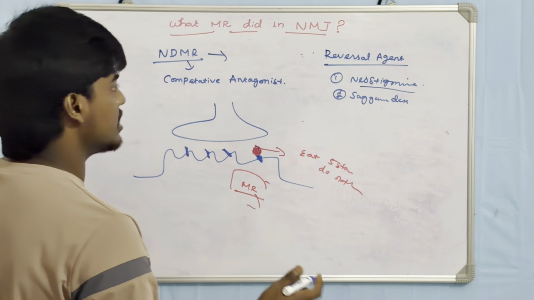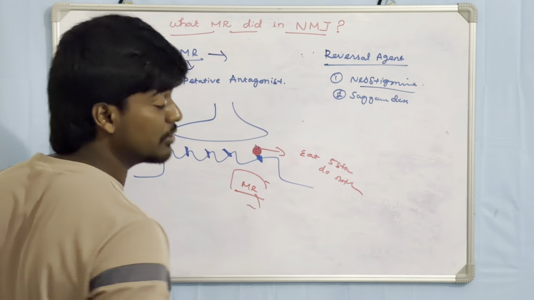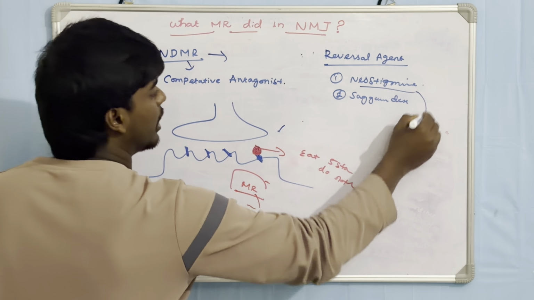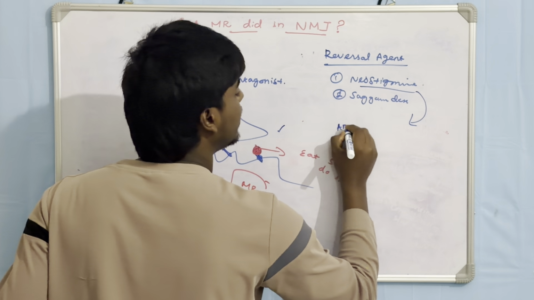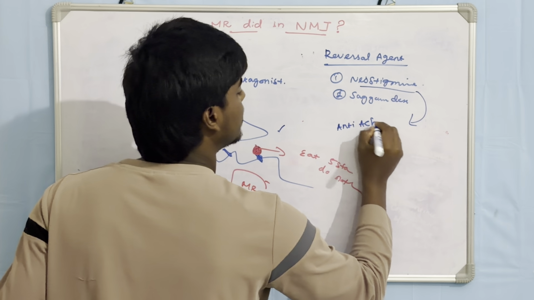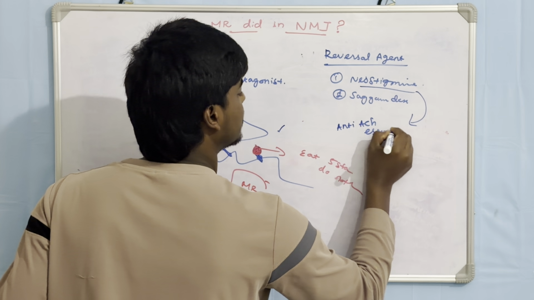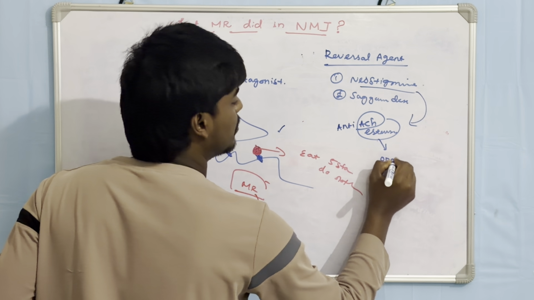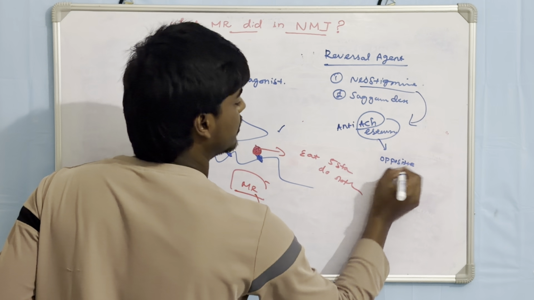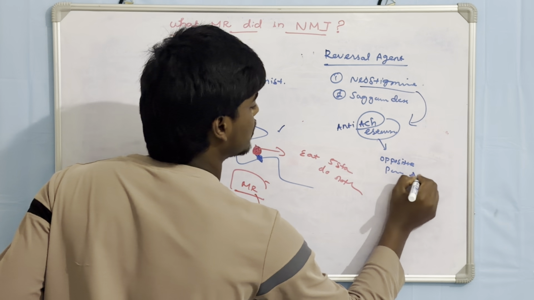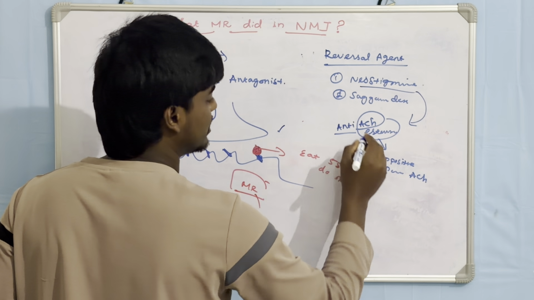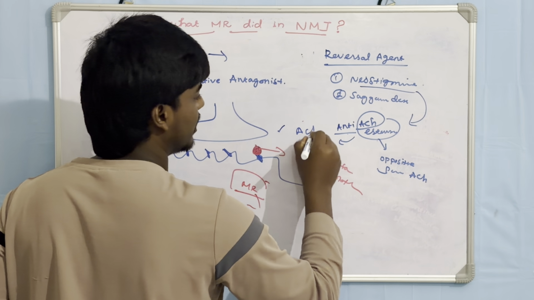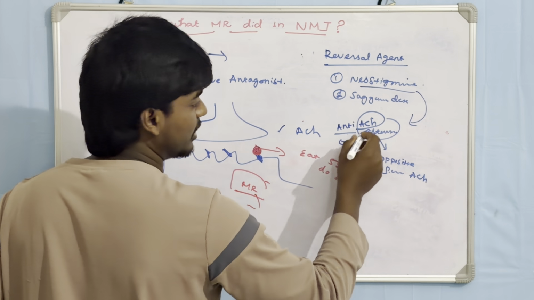It is an anti-acetylcholinesterase. Acetylcholinesterase is the opposite party of acetylcholine, the enemy of acetylcholine.